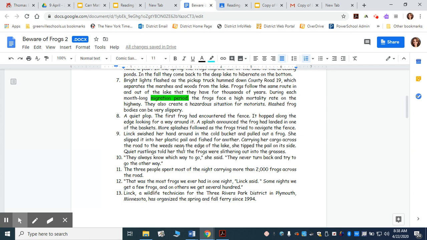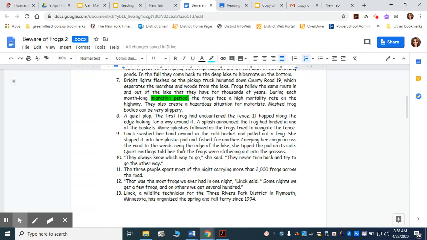Okay, so my thought is that the main idea of this text is that those northern leopard frogs are in danger, and they're also dangerous to drivers. And when they migrate, they need help from humans to carry them across the highway.